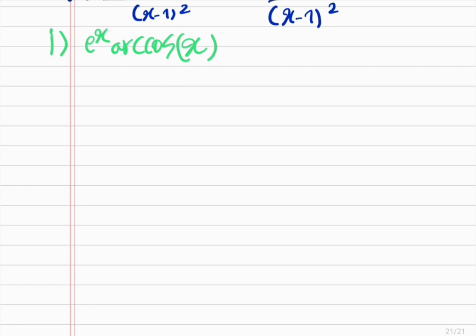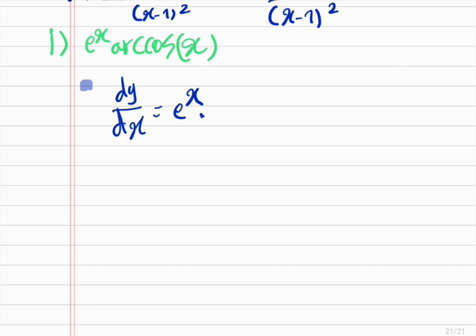And finally, for part i, we have e to the x times arc cos x. This is a product rule. As usual, dy dx is equal to, in the product rule, the first function times the derivative of the second function plus the derivative of the first function times the second function.